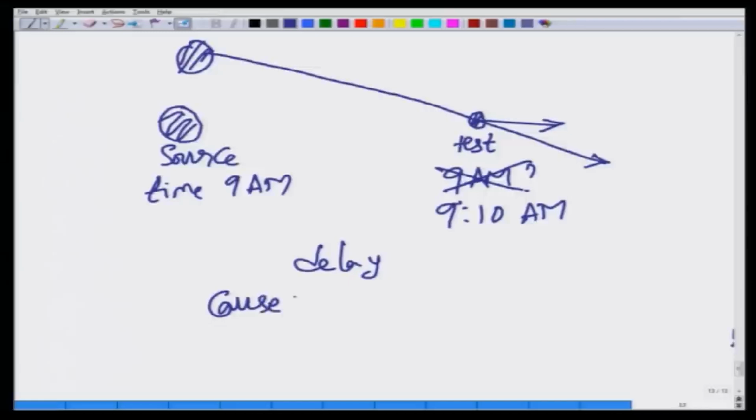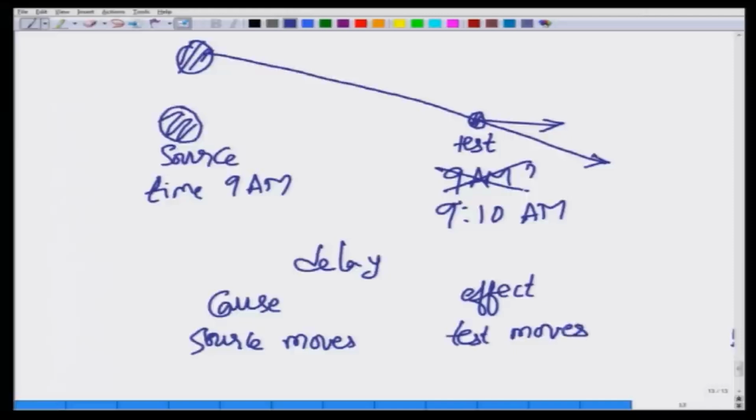What is the cause? The cause is the source charge movement. The source charge moves, and the effect is that after a certain time the test charge also moves. The source charge moves here now, whereas the test charge moves there after a certain time.